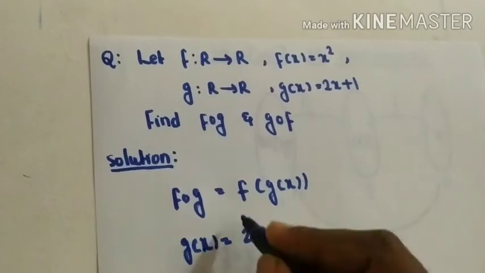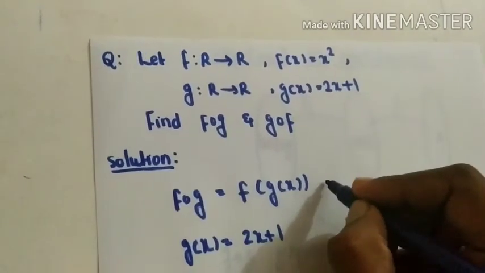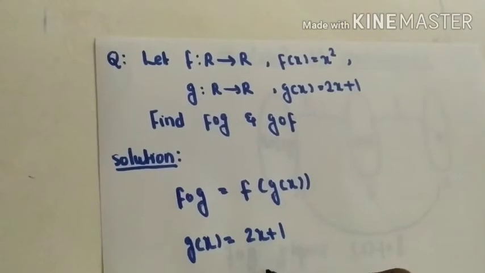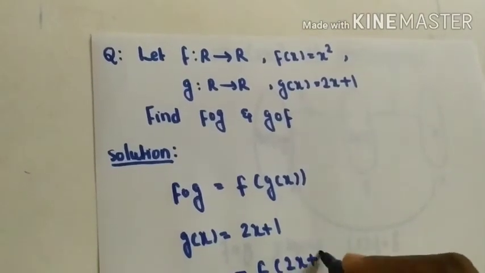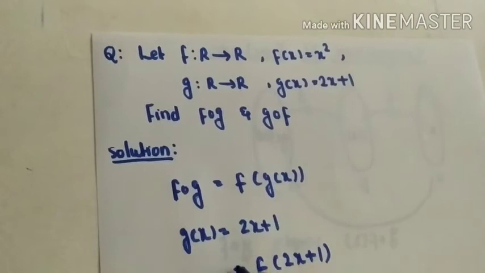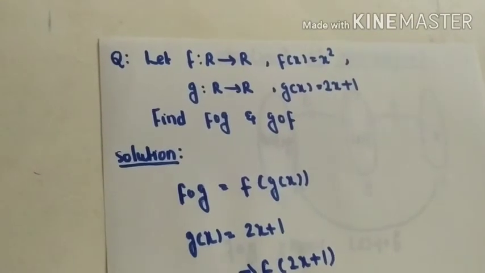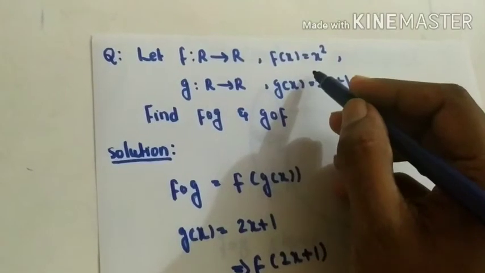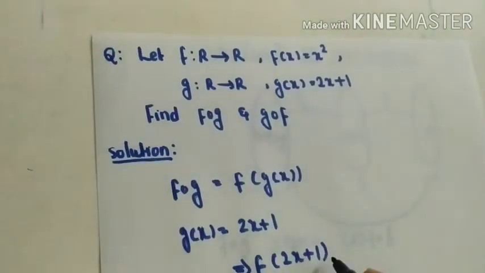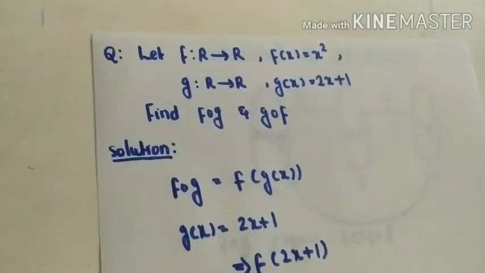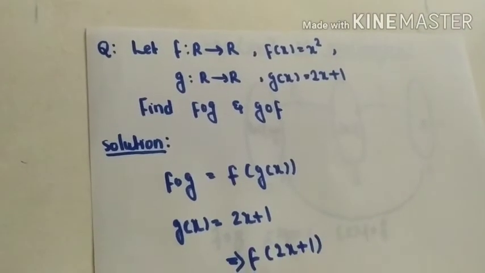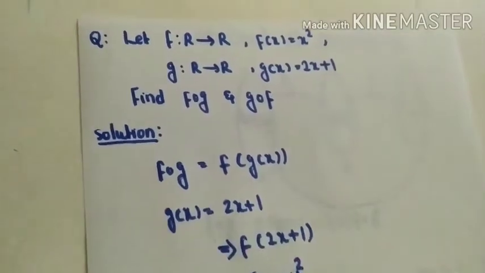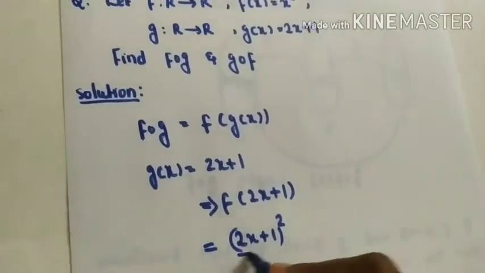That is, f of g of x becomes f of 2x plus 1. If f of x equals x square, then f of 2x plus 1 becomes (2x plus 1) all square. So here is our answer, f of g equals (2x plus 1) all square.